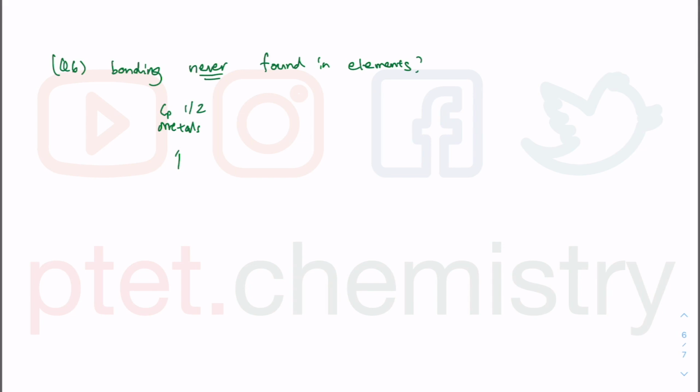Those are all metallic bonding, so, you know, giant metallic lattice. When you have the halogens, for example, you would have Cl2, Br2, etc. What you have is covalent, but you also have van der Waals forces because they are non-polar. They are simple covalent molecules, so they have got van der Waals between the molecules.